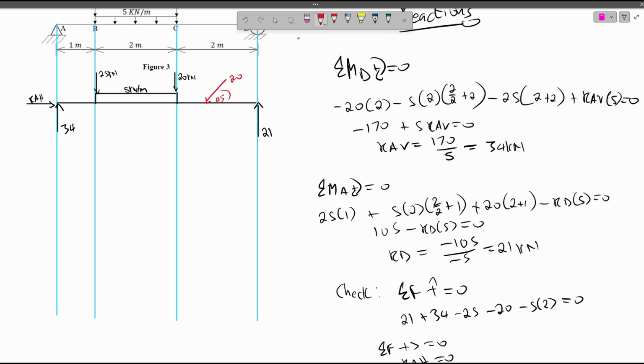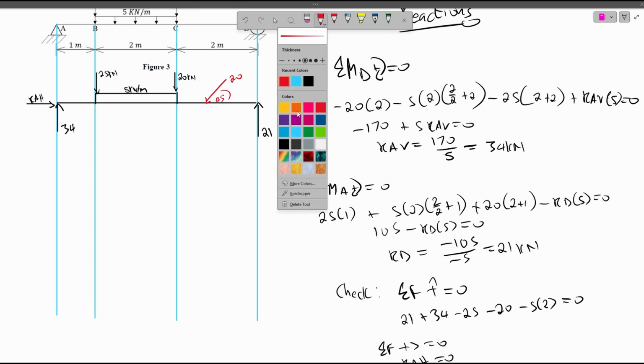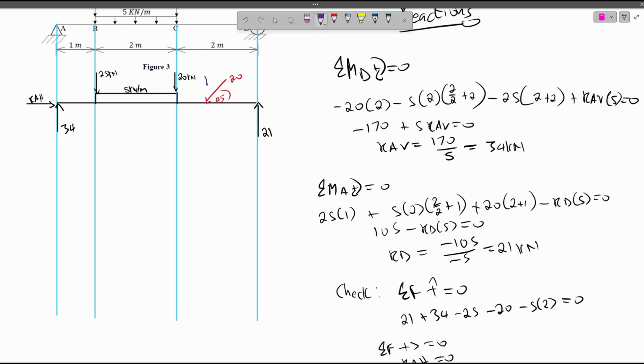In this case, when you break it down, you're going to have a vertical component of the 20 and a horizontal component of the 20. And then in that case, our RAH won't be 0. It's going to be equal to the opposite direction of this one.